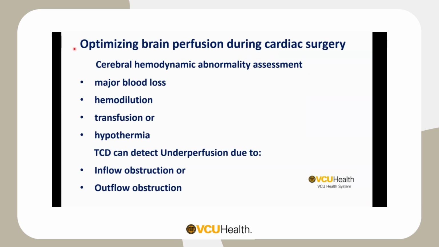The goal of neuromonitoring is optimizing brain perfusion during cardiac surgery. Cerebral hemodynamic abnormality is inferred by assessing the magnitude of change in flow spectral characteristics from pre-incision references, as I showed on the previous slide.